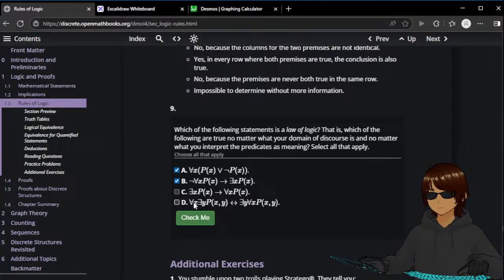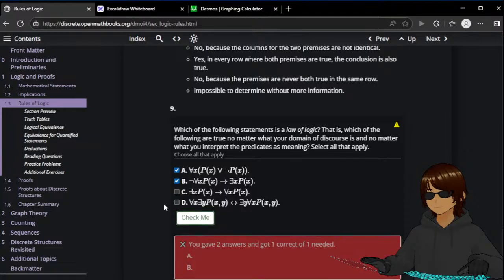This is not true. I think this is also true. For all x, there exists y for which pxy is true. There exists a y such that for all x, pxy is true. No, this is not.